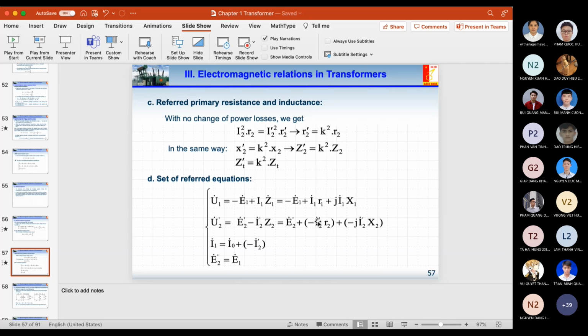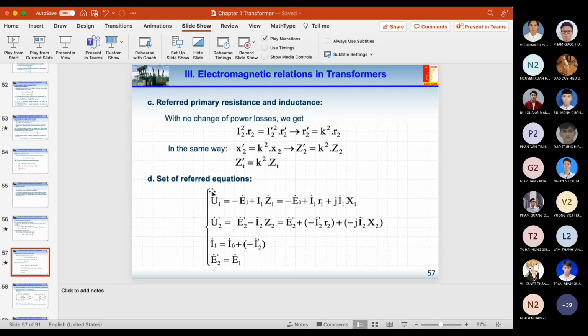By replacing some reference parameters from the previous slide we get the new voltage balance equation here, like this. And of course we can see here the current balance equation with the reference parameters.